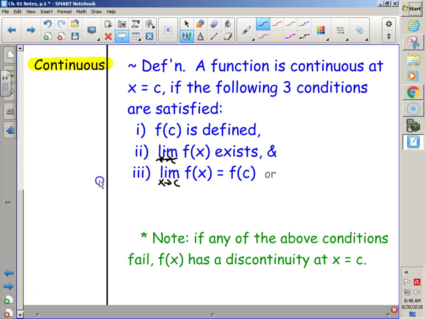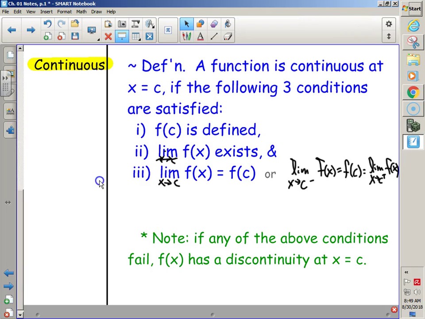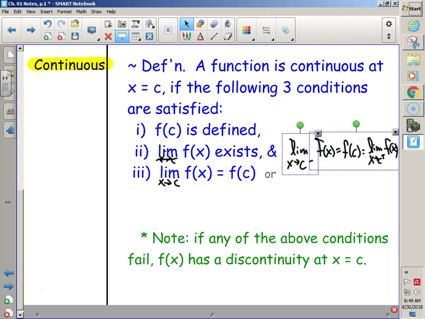So another way of putting that, kind of another way of saying all 3: the limit as x approaches c from below of f of x is equal to f of c, is equal to the limit as x approaches c from above of f of x. Technically, as long as the limits exist and are a constant, all 3 of these can be met.